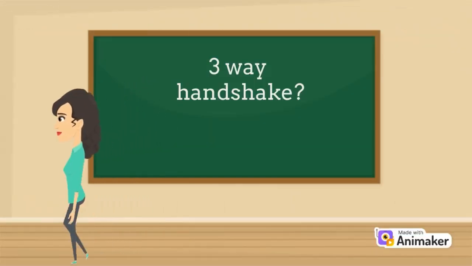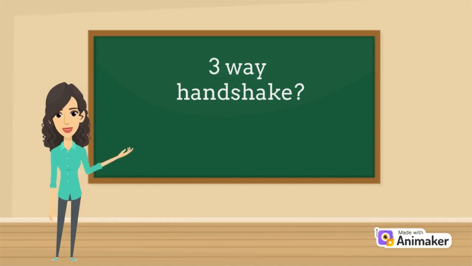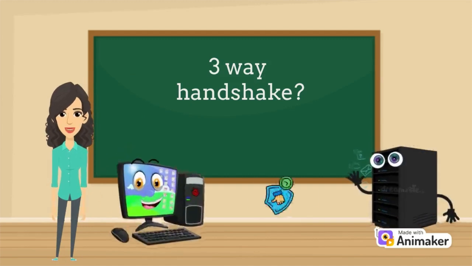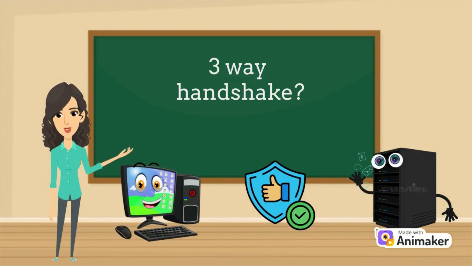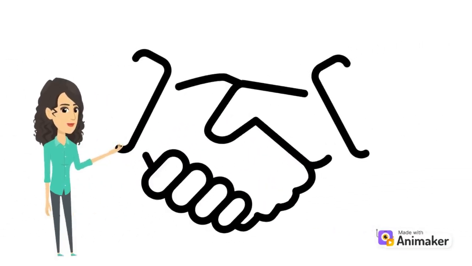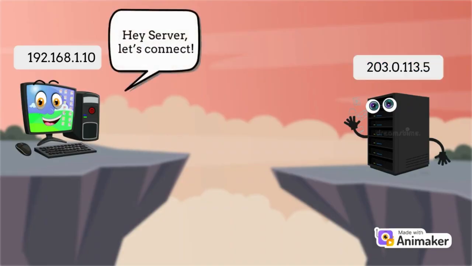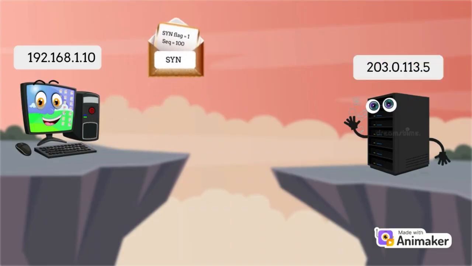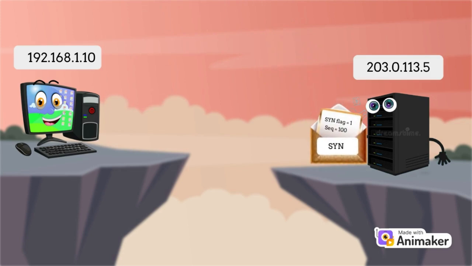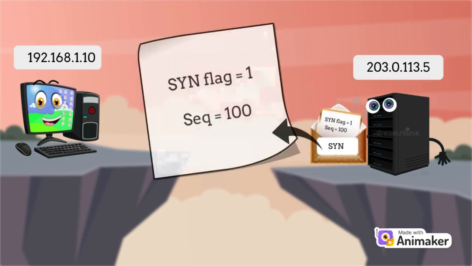Before the server can send the Mona Lisa image, the TCP protocol establishes a reliable connection between the server and the client. This process is known as the three-way handshake. First, the client sends a synchronization (SYN) packet to the server, initiating the connection. This packet contains a sequence number to keep track of the data.